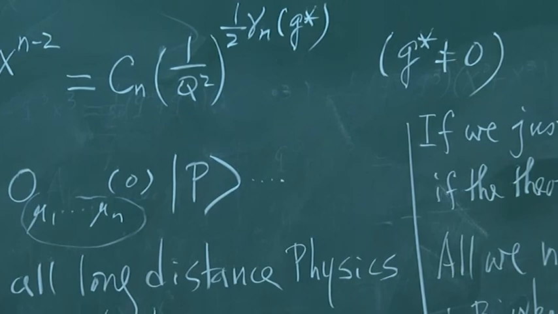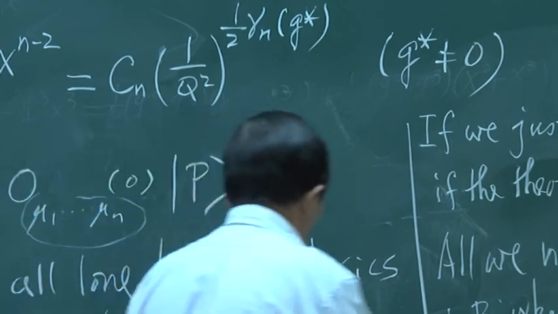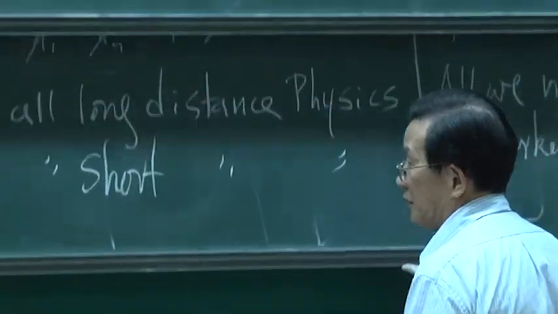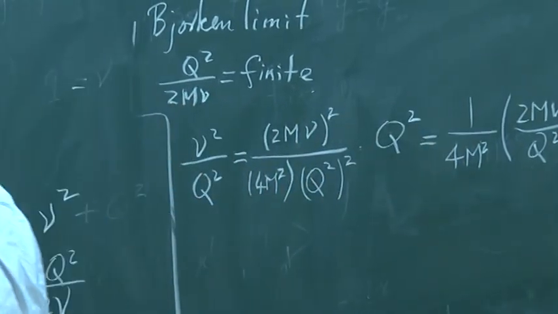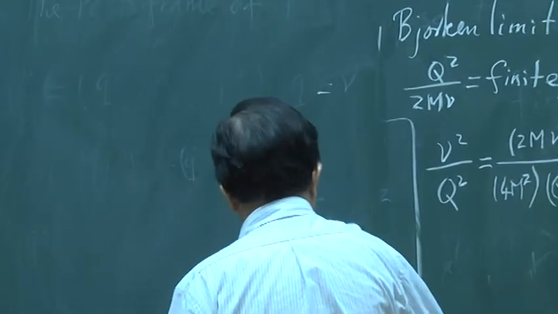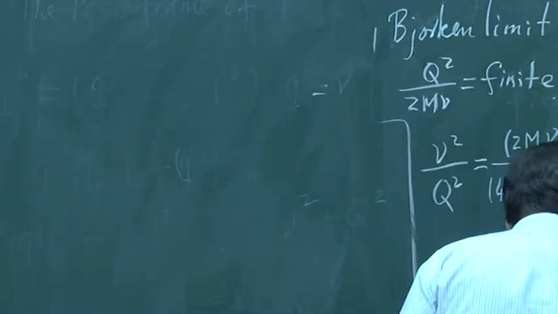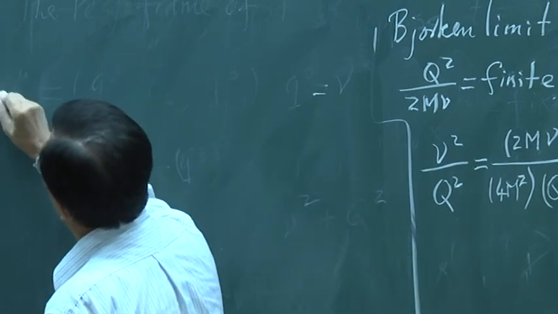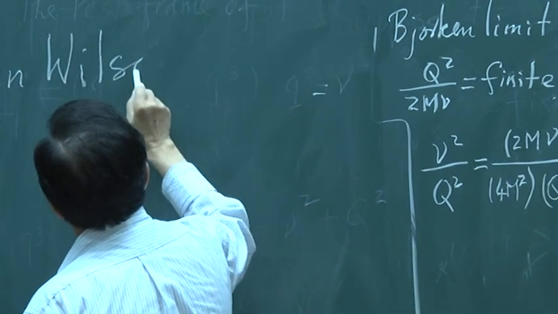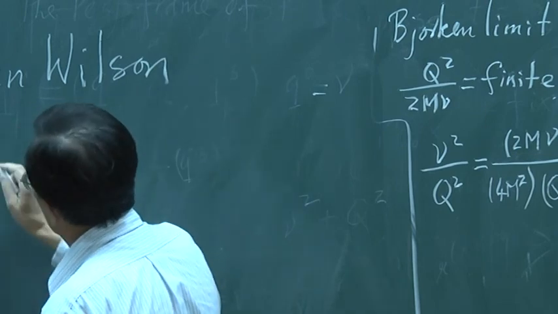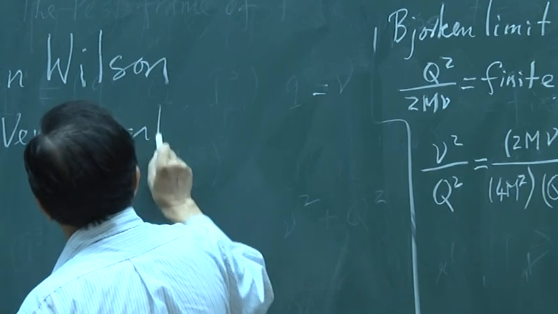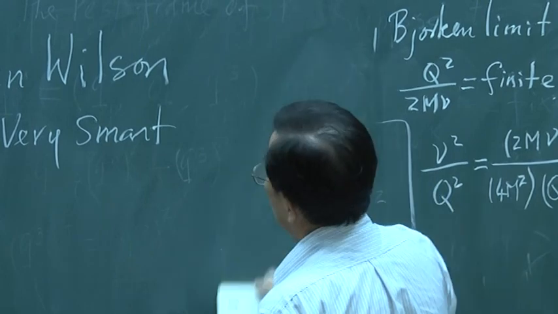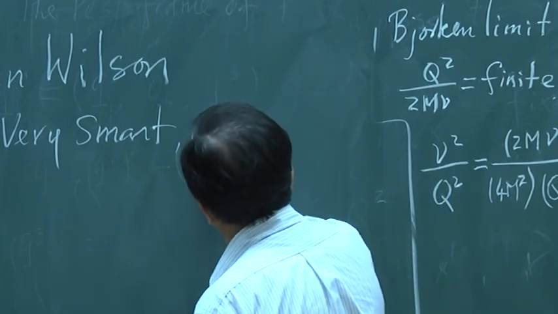So let me tell you a couple of stories about Kenneth Wilson, because he is a very special physicist. Well, first of all, he worked very hard. He's very smart, but you don't have to argue that. He also worked very hard.